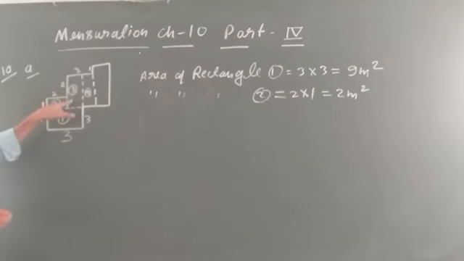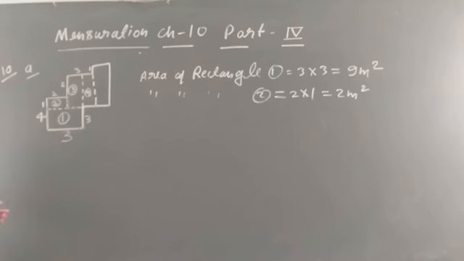Again, rectangle 3. Clear? This is our rectangle 3. Okay student. Now in this we have to find out: from here to here is 2 and from here to here, what is this? This is 1. So 2 plus 1, yani total length of this one becomes 3. Clear? Ab now here you can see one thing: this total 3 is given. Okay, and you have to find out this one. Clear?